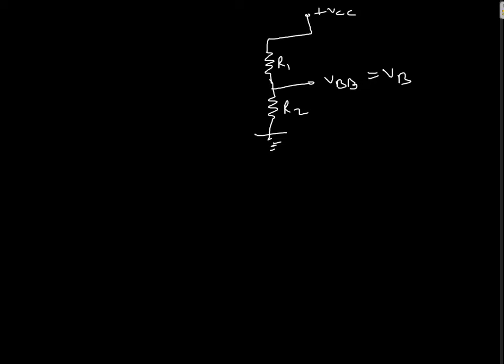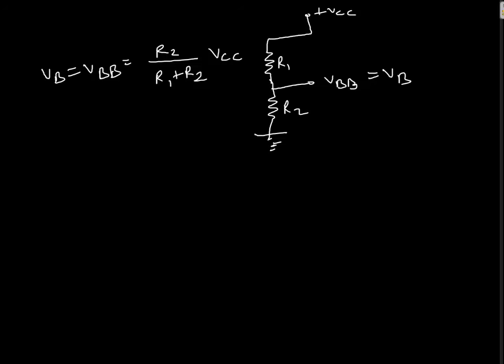Now, this output voltage for the base is VB equals VBB, for which we are going to use the voltage division rule: VB equals R2 divided by R1 plus R2 into VCC.